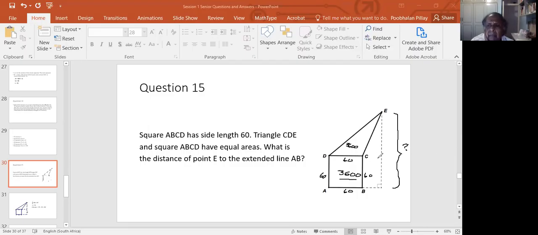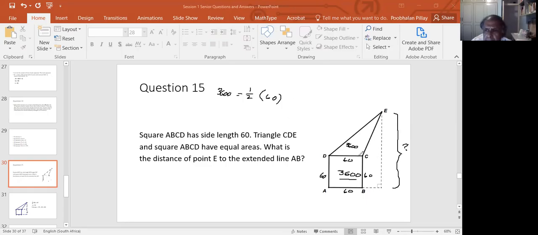All right. Now, that shouldn't be too difficult because, you see, we know how to find the area of a triangle. The area of a triangle is half base times height. So the 3600 is the area of the triangle. It's equal to half the base, which you can see is 60, times its height.